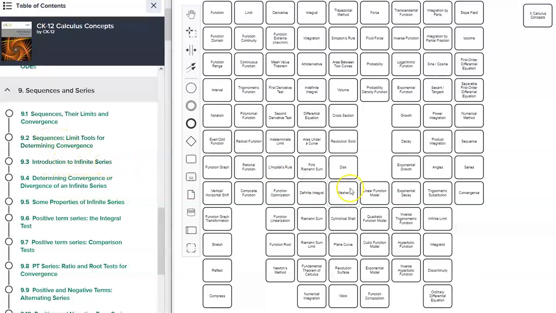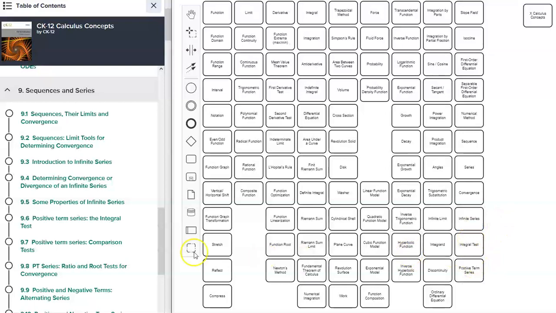Introduction to infinite series. Okay, so there's series. Guessing again, there's different types of series. In this case, infinite series. And then we have some properties of those. Positive term series, the integral test. Okay, so anything with a test on it sounds important. Integral test. And what is this positive term series?